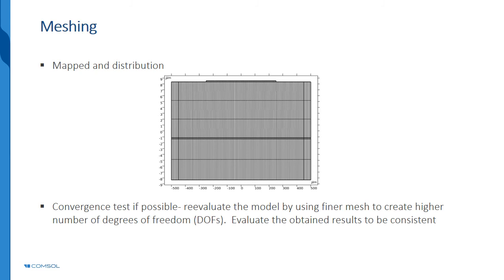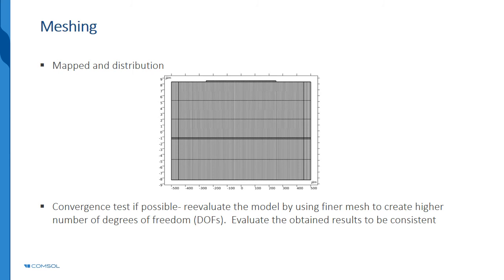The next step is the meshing part. Over here we're going to choose the meshing option called mapped distribution. After the meshing, you will see your structure looks like this.